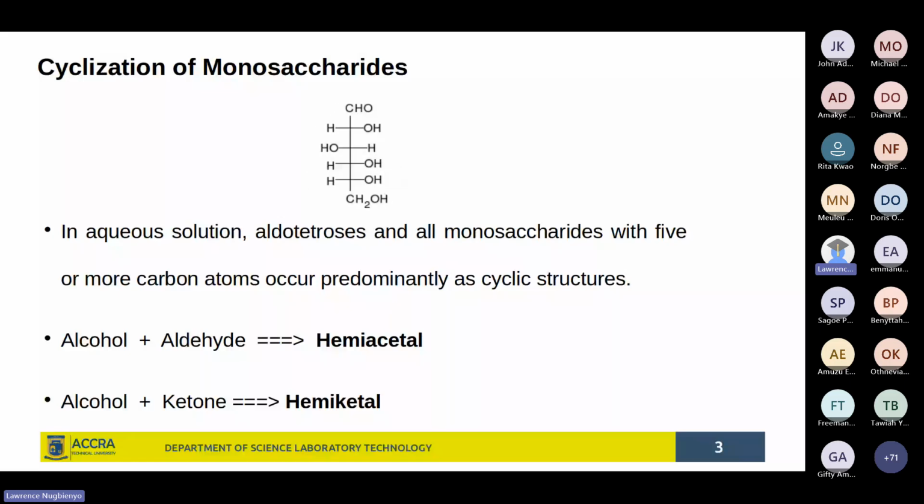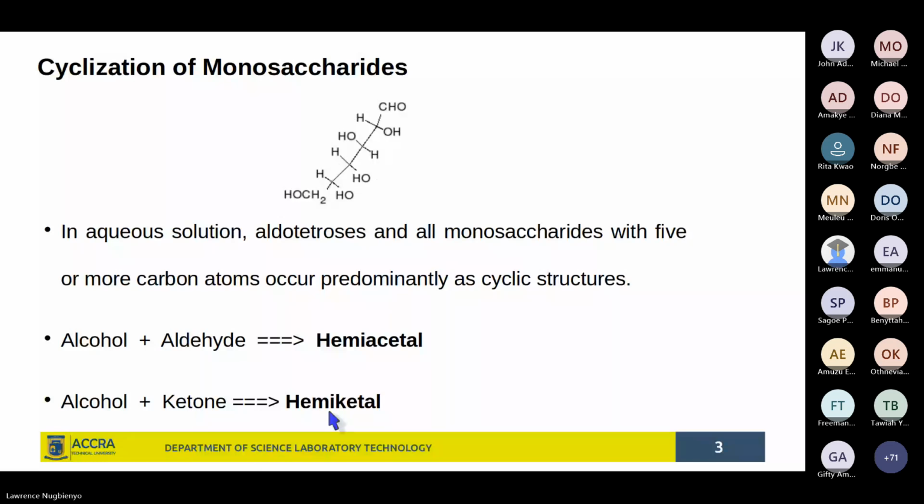Now, to understand these types of interactions, we need to understand two major kinds of reactions that can occur between an alcohol and an aldehyde. So you have an alcohol and an aldehyde that react to give you a hemiacetal, and an alcohol and a ketone will give you a hemiketal.